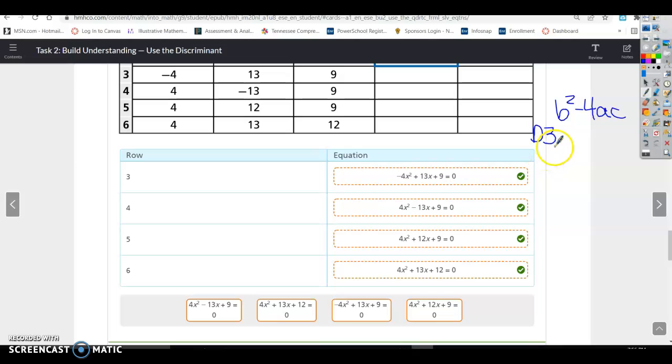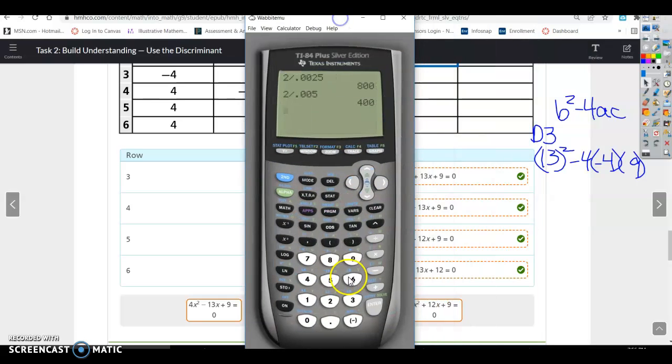D3 is going to be B squared, 13 squared, minus 4 times A times C. Negative 4 is A and 9 is C. Let's see what that equals. 13 squared minus 4 times negative 4 times 9. And that's going to equal 313.